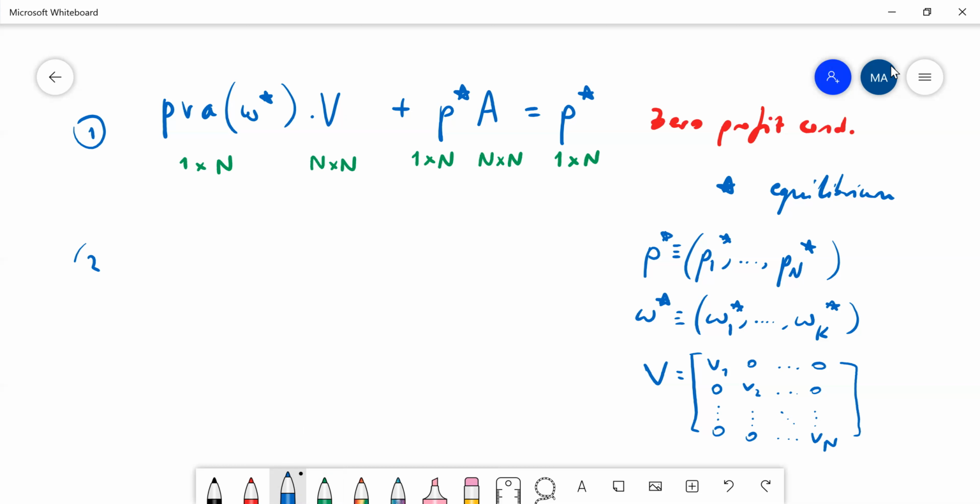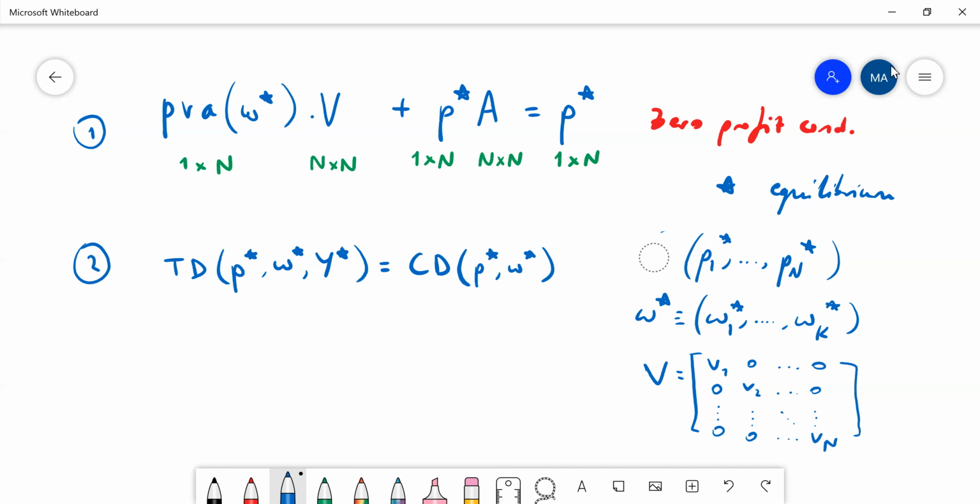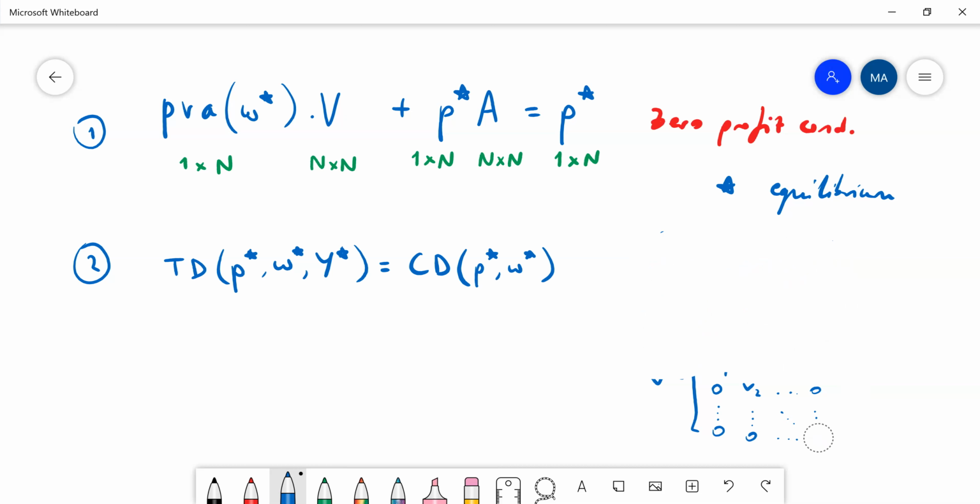Now next, we have this. So there is this total demand, right, originating from where? So total demand for these commodities will originate from two sources. One is consumption demand, and the other is intermediate input demand. Consumption demand is by households, right?